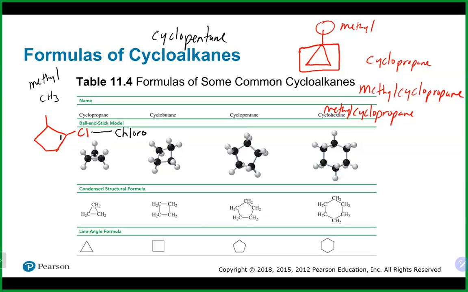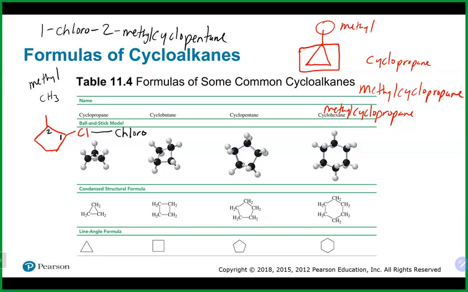Or we could go counterclockwise in this case, which would give the methyl group a 2, which seems like a much smaller number, obviously, than going around the other way. So this would be something like 1-chloro-2-methylcyclopentane in that case.